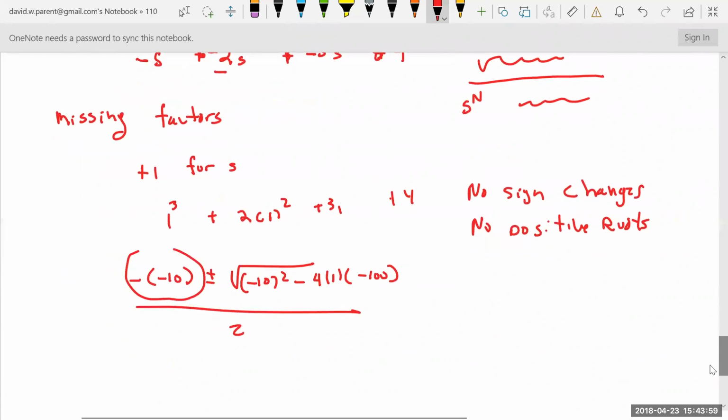Well, that's going to be positive, right? And then here, this is going to be positive. So while one might subtract it to where it's negative, we're going to add. There's going to be positive roots. There's no way around it. So we have to fix it.